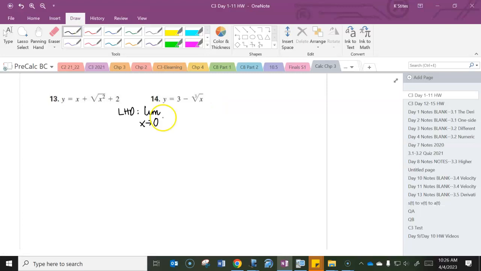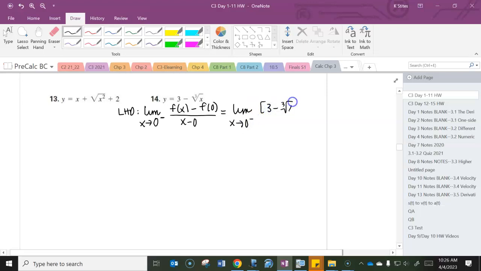All right, so moving on. So limit as x approaches 0, we're going to go from the left of f of x minus f of 0 all over x minus 0. And I'm going to go ahead and plug all this in. So f of x is 3 minus the cube root of x, minus f of 0 is 3 minus the cube root of 0, all over just x.